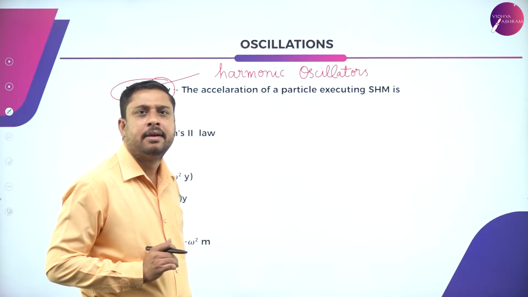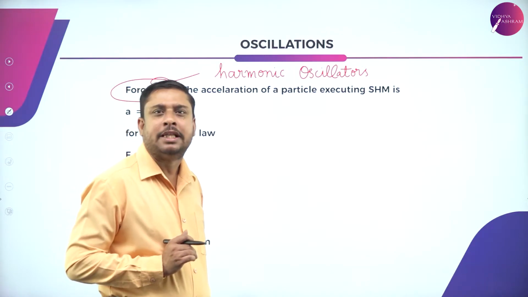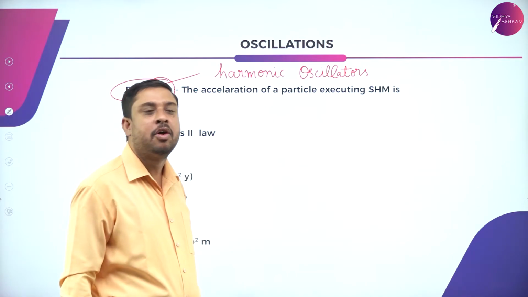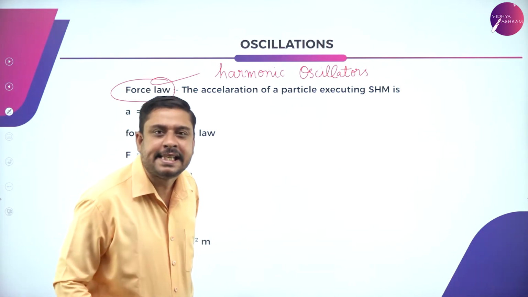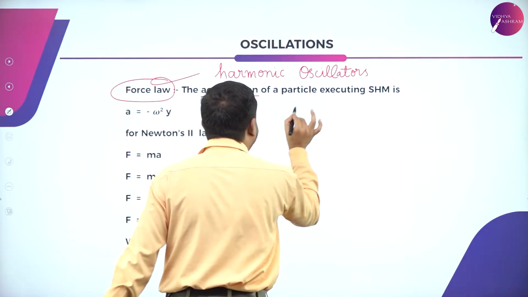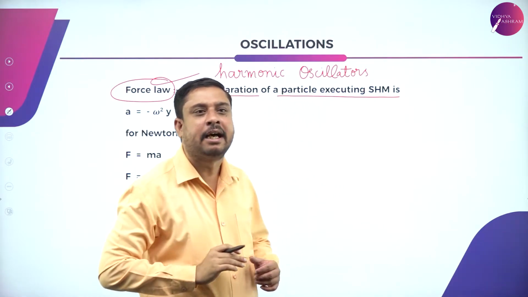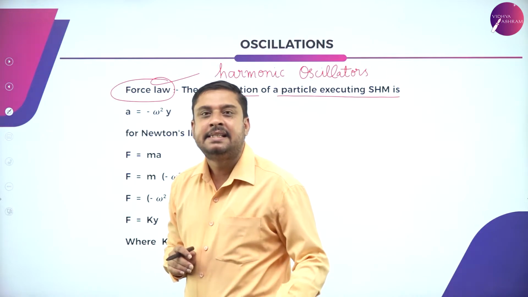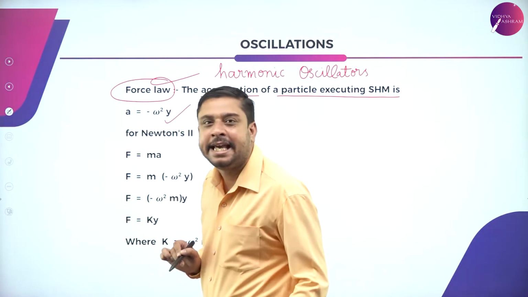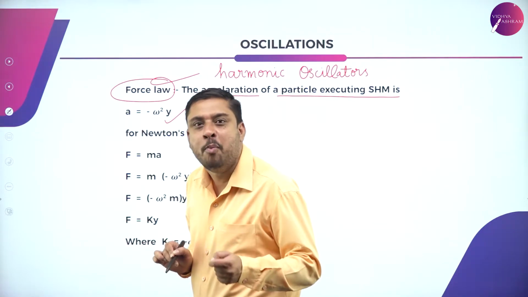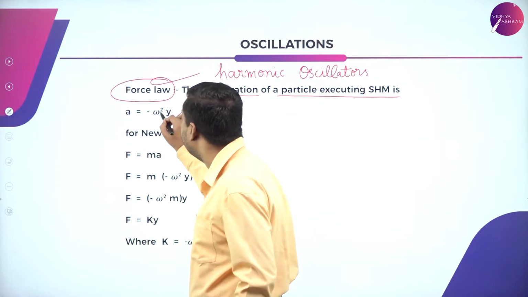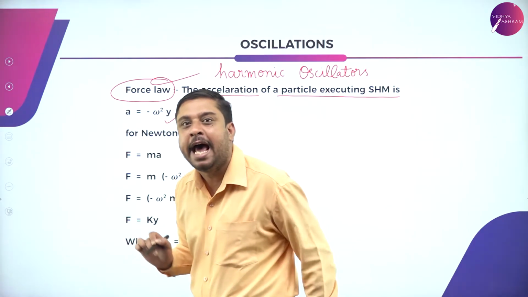Now, dear students, referring back to the discussion on the acceleration of a particle executing simple harmonic motion, the acceleration is given by A equals minus omega square into y.